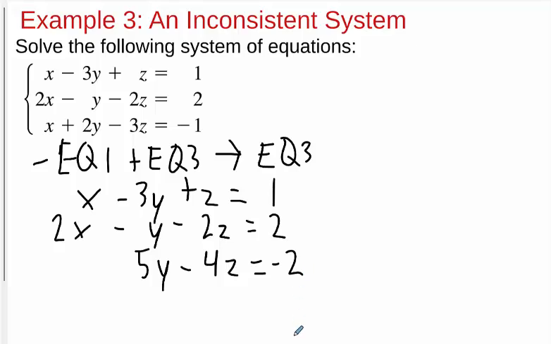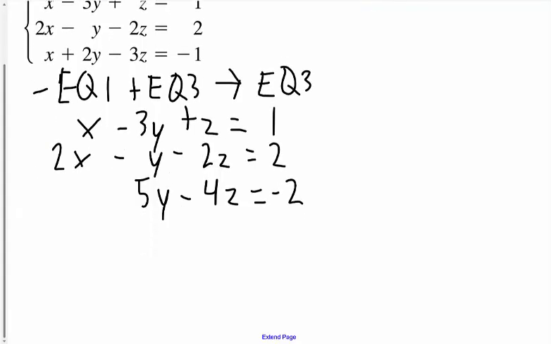So now, let's try and get rid of that 2x. I think that will be our next important thing. How do we do that? I think we multiply equation 1 by negative 2. So negative 2 times equation 1.